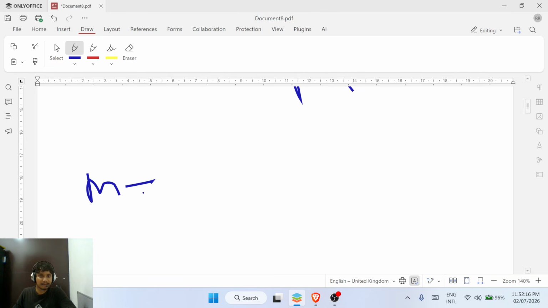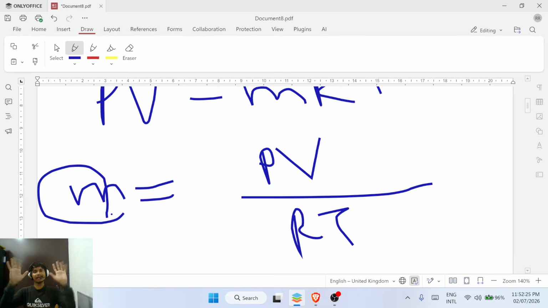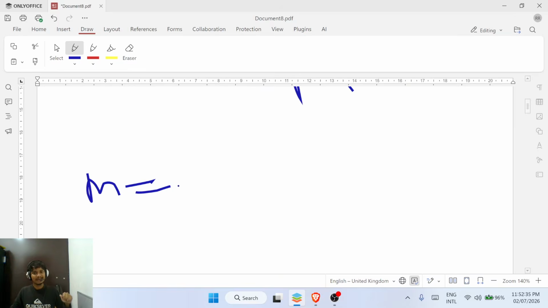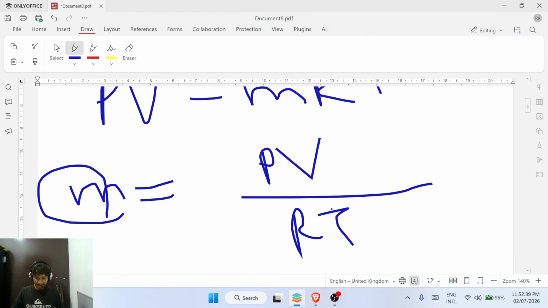The mass of the gas will not change because the gas is inside the container. If we increase the temperature, pressure or volume, the mass will not change.